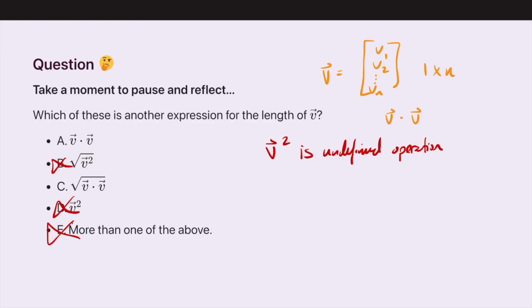So this would be an n by 1 times an n by 1. And we know that 1 does not equal n here, so we don't know what to do. If this was just a 1 by 1, then of course you could do it because you're just multiplying two numbers. But in this case, we don't have that. This is a generalized expression for the length of the vector v.